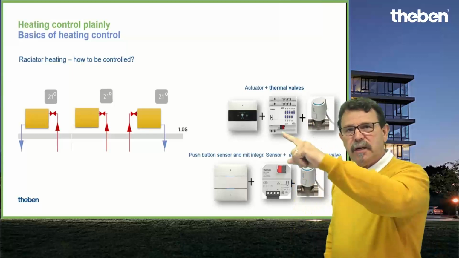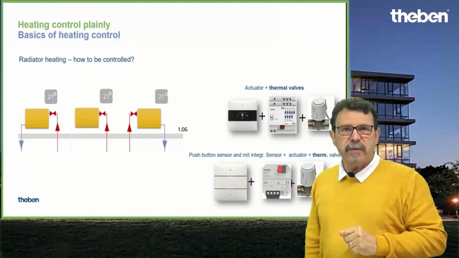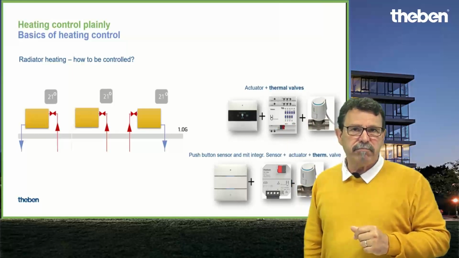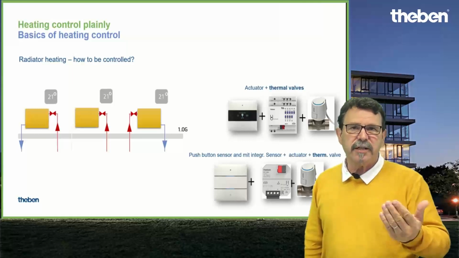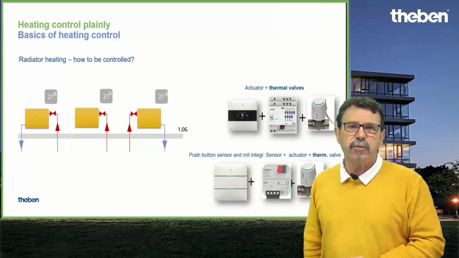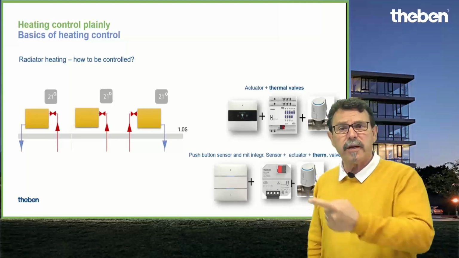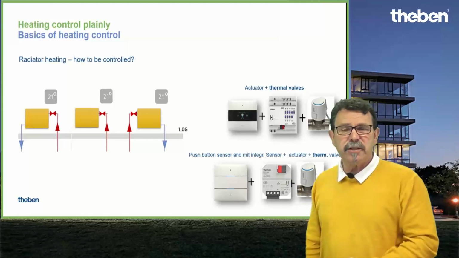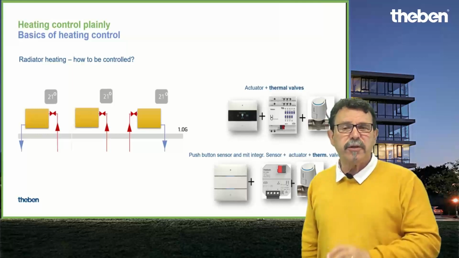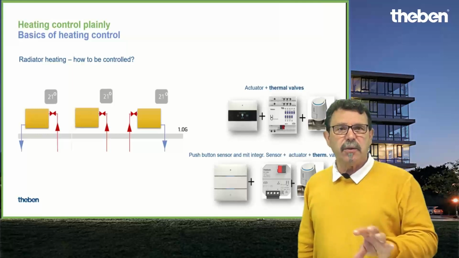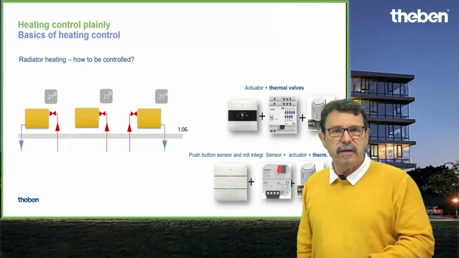Then we do have here 2 options. Either we do have these DIN rail-based actuators, where the control command and the heating actuator are positioned in a DIN distribution board, for instance, or our content of today, the flush-mounted actuators, which you can hide somewhere in a flush box in a wall.